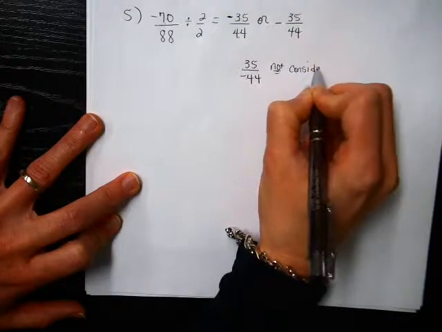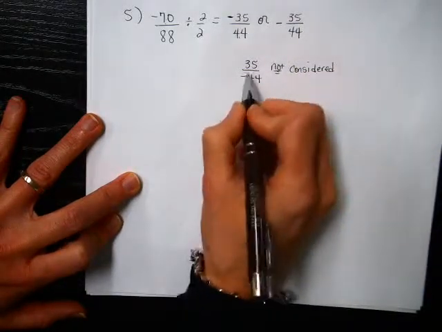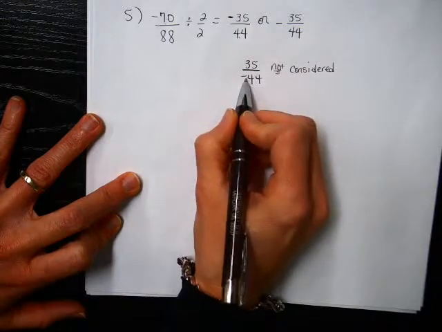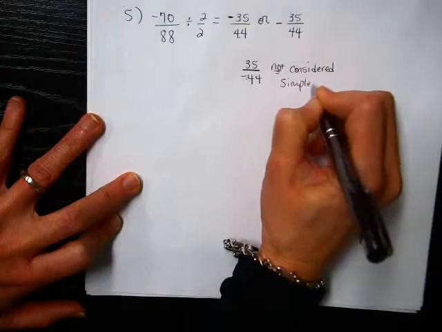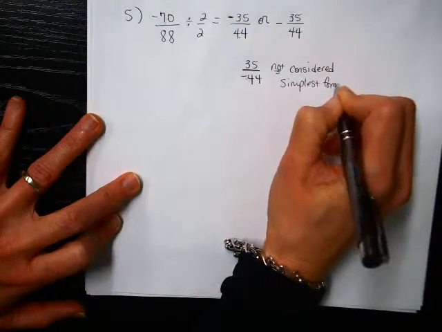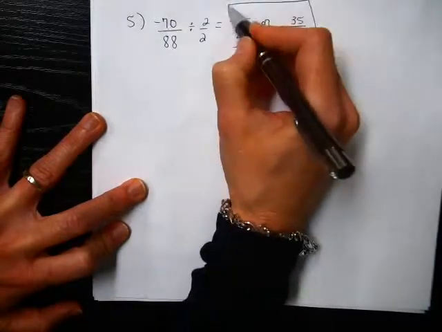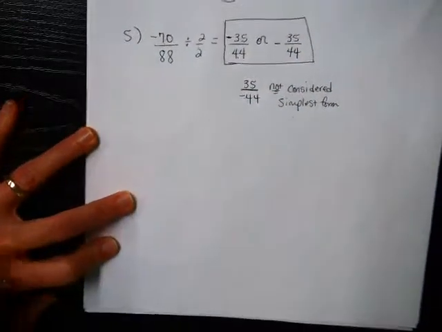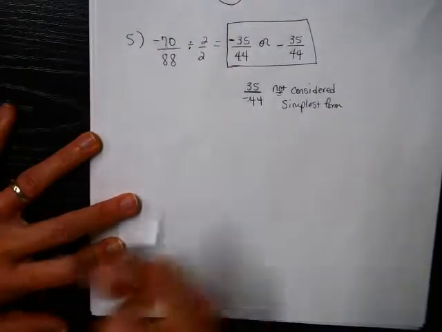I'm mentioning that because if you type this in MyLabs Plus with the negative on your denominator, that's not going to be considered simplest form, and they'll tell you that's not the correct form the answer has to be in. So you would want to give this answer in simplest form either this way or this way to get the full credit.